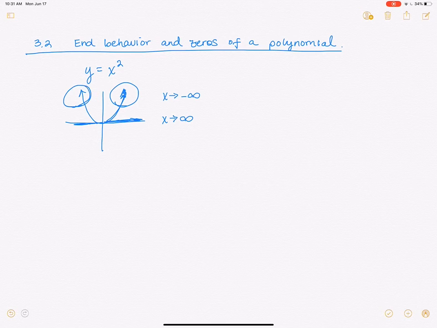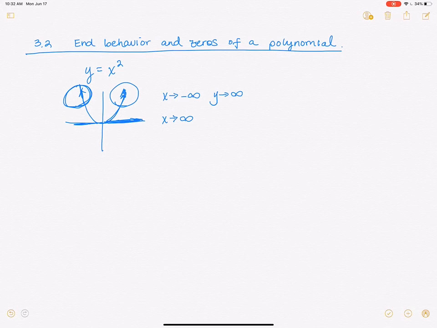Well, as we go to negative infinity, our x value gets smaller and smaller and smaller. Y is getting bigger and bigger and bigger, going up. So since this parabola is opening up, we say that as x goes to negative infinity, y goes to positive infinity.